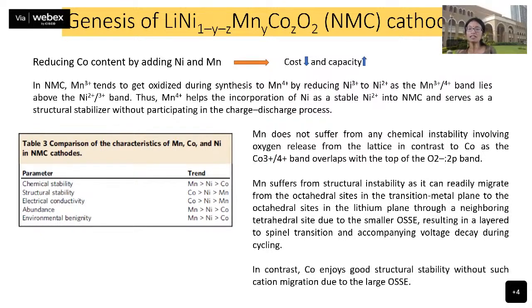So without even playing around, manganese offers a lot of chemical stability to this NMC cathode. Whereas the structural stability is provided by cobalt, and electrical conductivity, of course, is also given by cobalt. And obviously, the geological distribution of cobalt is very skewed in the Earth's crust, and the price is also very high.